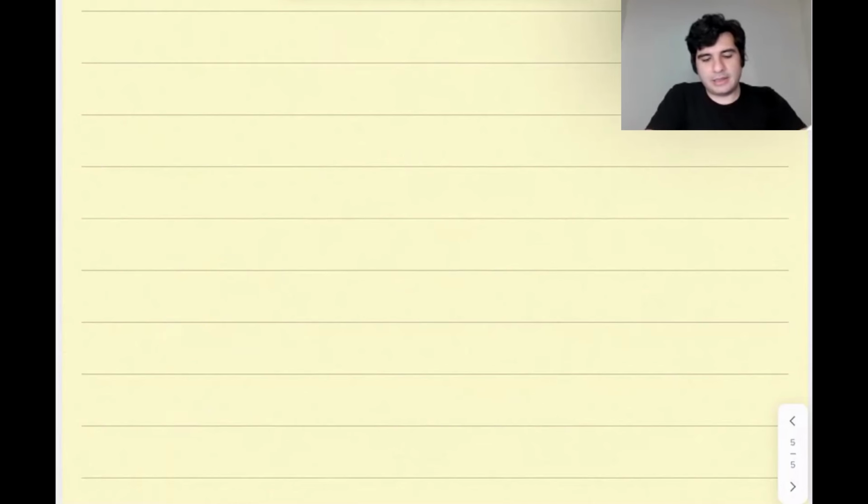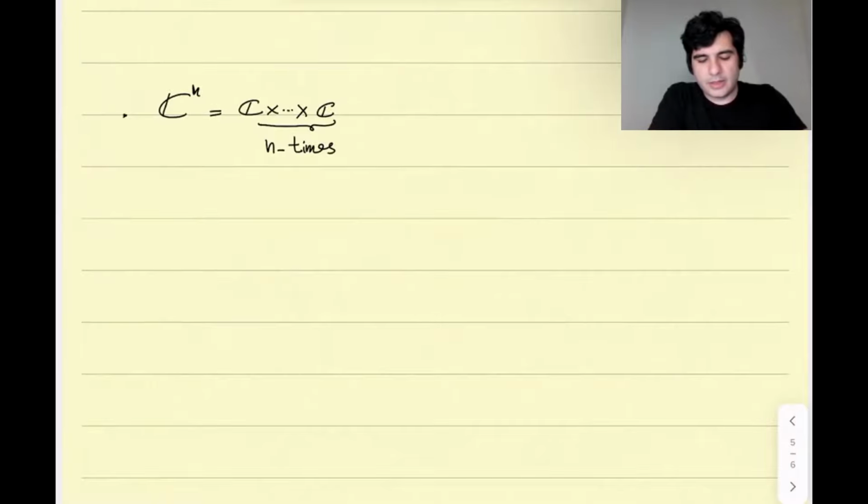And we can do this in any dimension. We can think about C to the n for any natural number n, which is C times C, n times. Each C is a copy of R2, so we have R2 times R2, n times, which is R to the 2n.